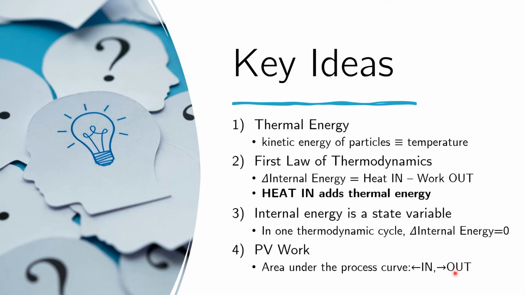You can imagine that the volume increases during that because there is less volume on the left and higher volume on the right. And if we have a reverse process, meaning from right to left, then we have a case where the system is experiencing work from the environment. So the work is going into the system, and that's why we say work in here.